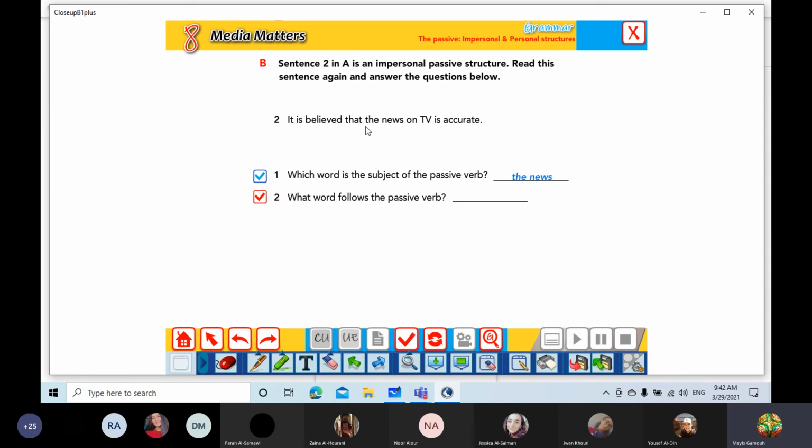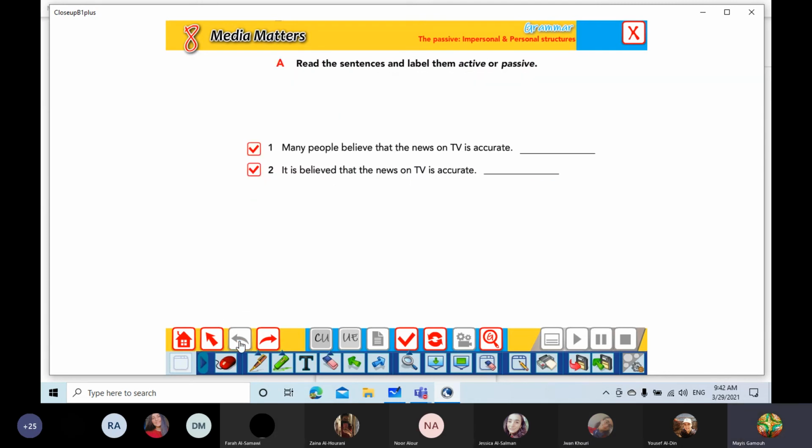Okay, when I want to make it a sentence, I have to have a subject. So what is the subject in our case in here? Juan, believed is my passive verb. Let's look at the first exercise. Many people believe that the news, here in the active sentence, believe is my verb, right?